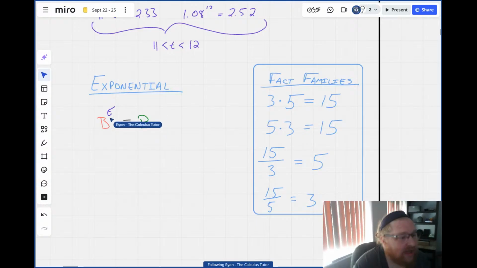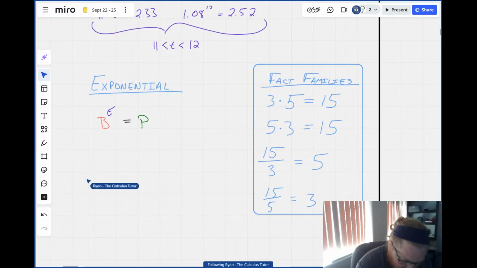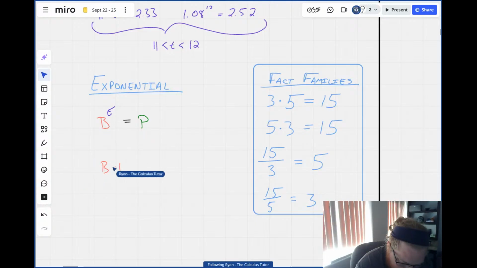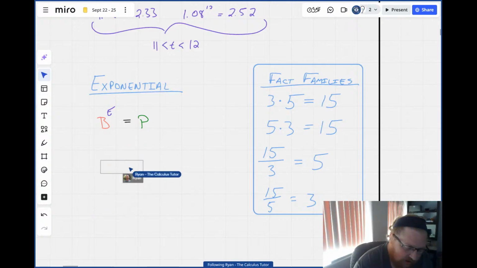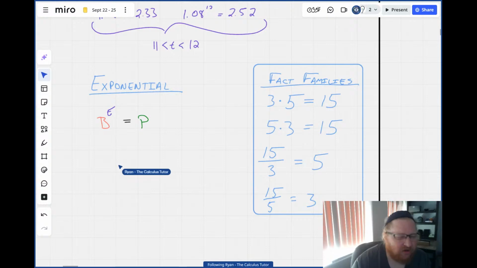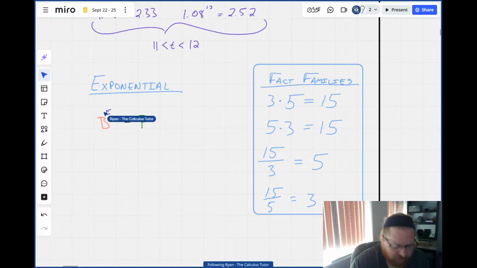We know that means you're taking this base number and going B times B times B until there are E Bs being multiplied here. And if it's a fraction or a decimal, we know that there's some root taking going on as well. I still don't like my E there. Okay, we'll just have to deal with it.